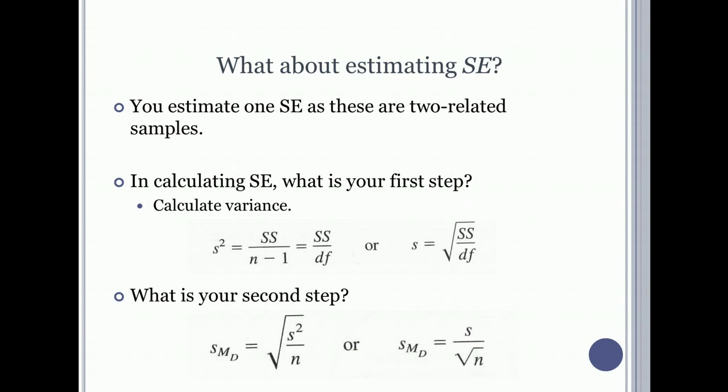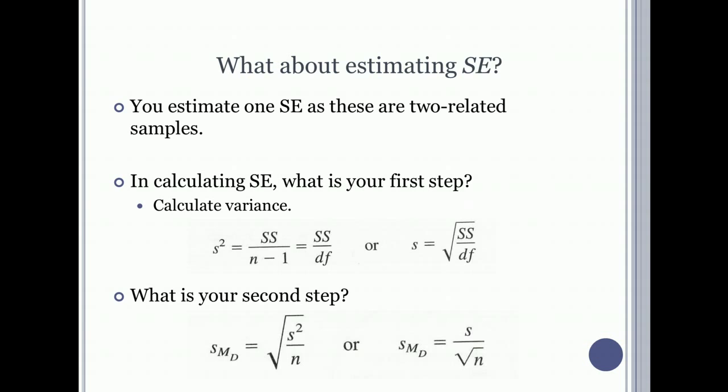Conversely, you can use the standard deviation to calculate this estimated standard error by taking the standard deviation divided by the square root of n, and that would give you your estimated standard error also. So there's two ways to row in this scenario. You can take the variance to get your estimated standard error, or you can use the standard deviation and get your estimated standard error that way as well.